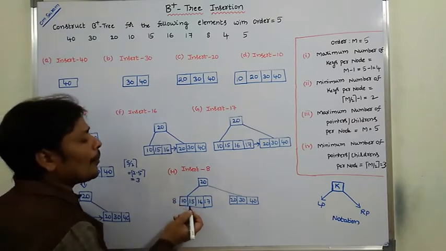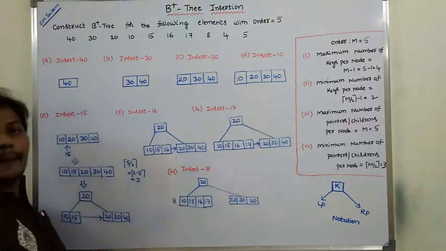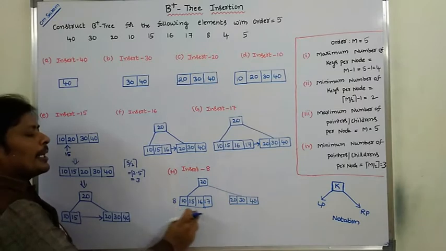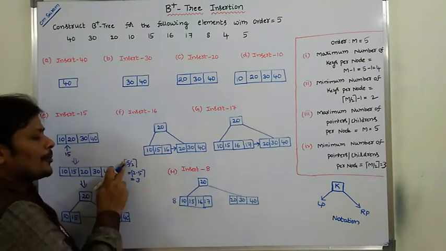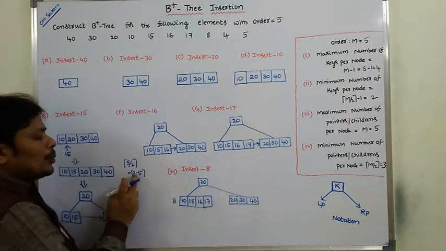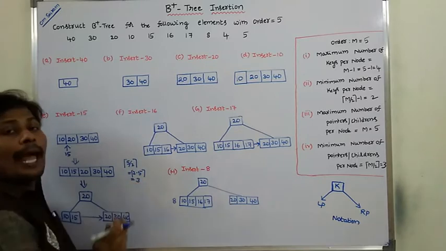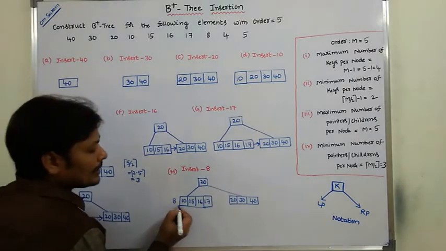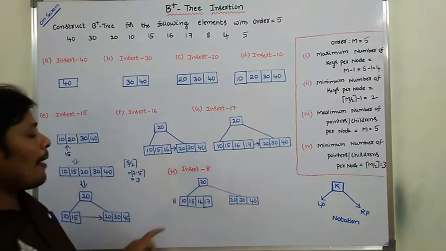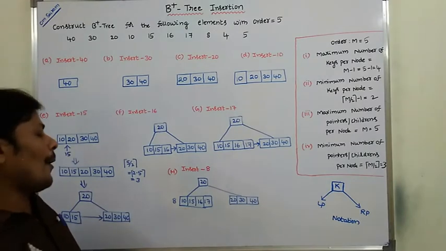The splitting operation can be performed at the middle node. This node contains 5 key elements, so 5 by 2 is equal to 2.5. The ceiling value of 2.5 is equal to 3. So at the third element, we have to perform the splitting operation.